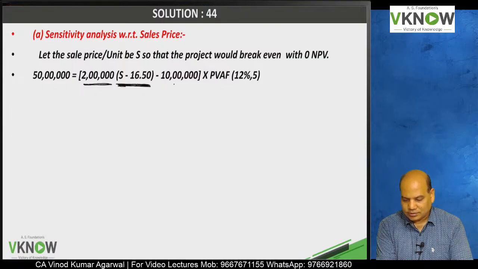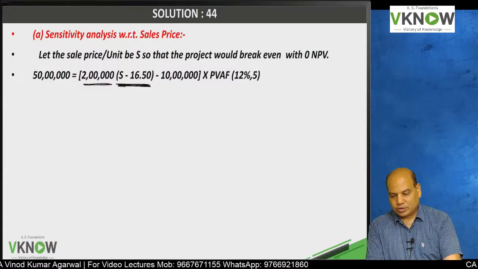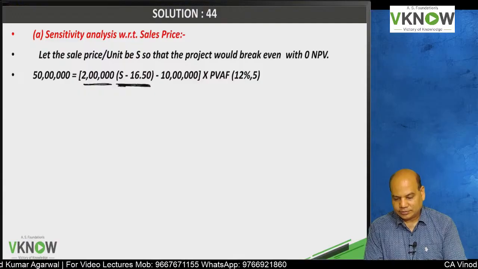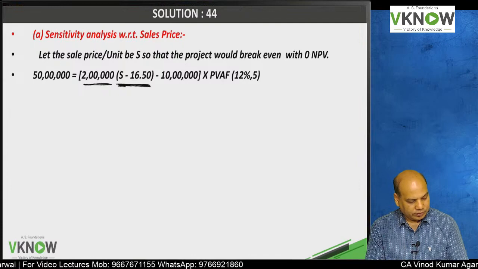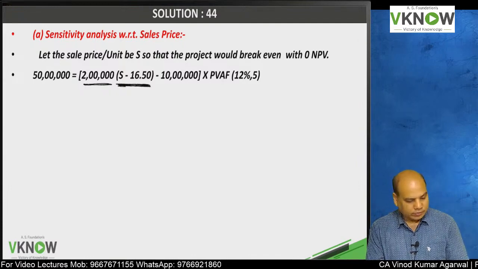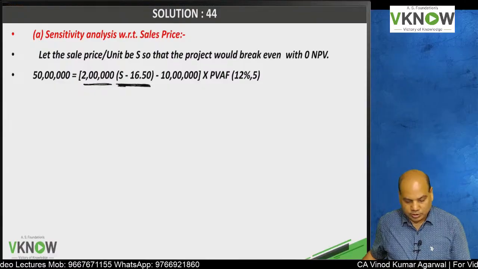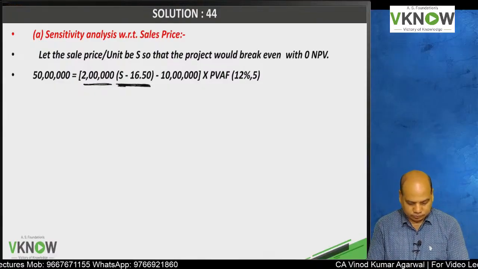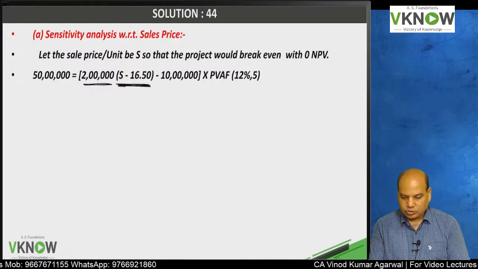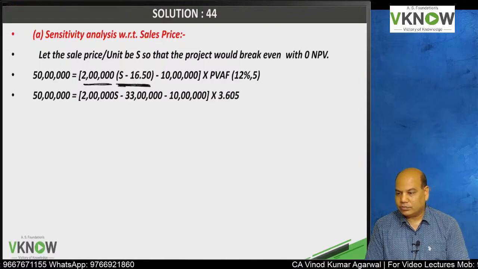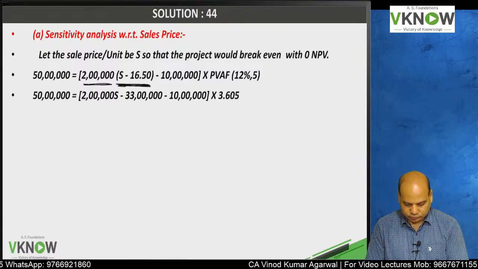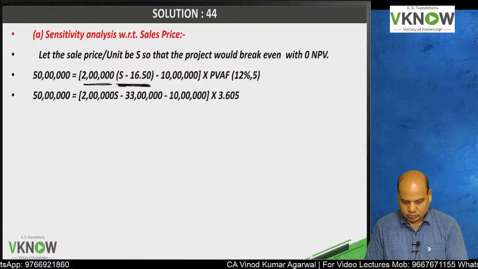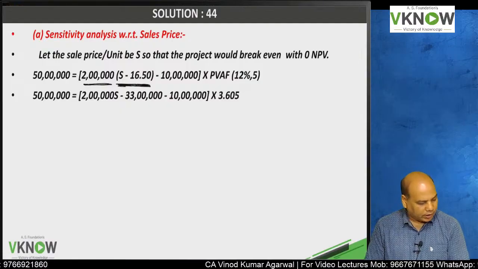Minus 10 lakh, into PV annuity factor at 12%, 5 years. So please solve the equation. I'll wait for you. Solve this equation and find the value of S.